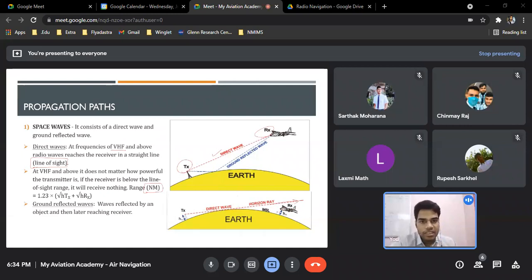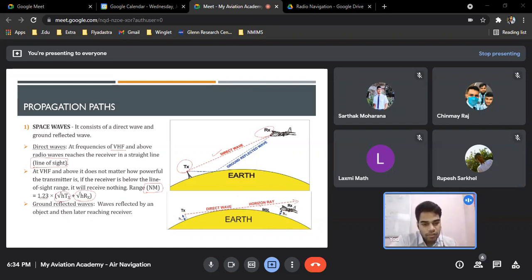Now, how can an aircraft receive the radio wave? By increasing the height, because the formula states 1.23 times the root of the height of the transmitter plus the root of the height of the receiver. Otherwise, if the aircraft does not increase the height, how can it receive the signal? By traveling closer to the transmitter.